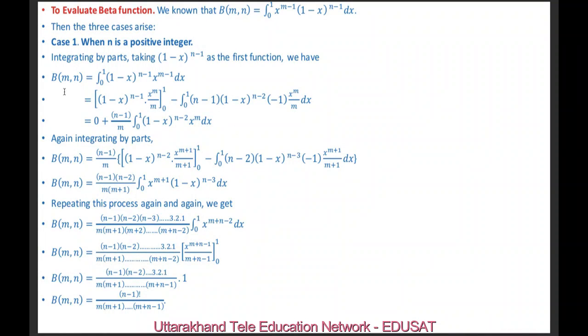So the first integration of beta(m, n) is (n minus 1) upon m, integral 0 to 1, (1 minus x) raised to power n minus 2, x raised to power m dx. If we again integrate it by parts, then we have (n minus 1) upon m, this we already have, and inside, the first function as it is, (1 minus x) raised to power n minus 2, integration of second, x raised to power m plus 1 upon m plus 1, limits from 0 to 1, minus derivative of first.